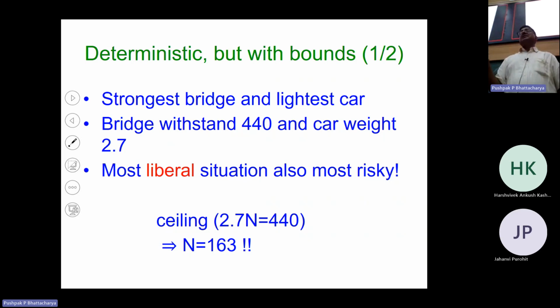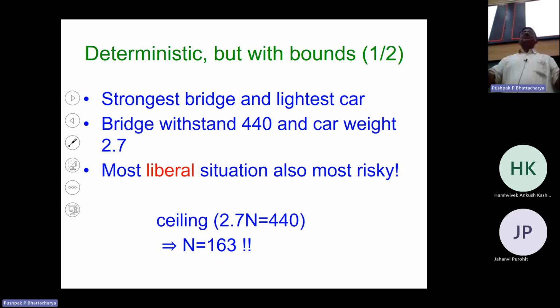So the most liberal situation, but also the most risky, will be the ceiling of 2.7n equals 440, where n equals 163. By considering the bound, this will be a very happy situation for city authorities who are trying to make a lot of money from toll taxes.